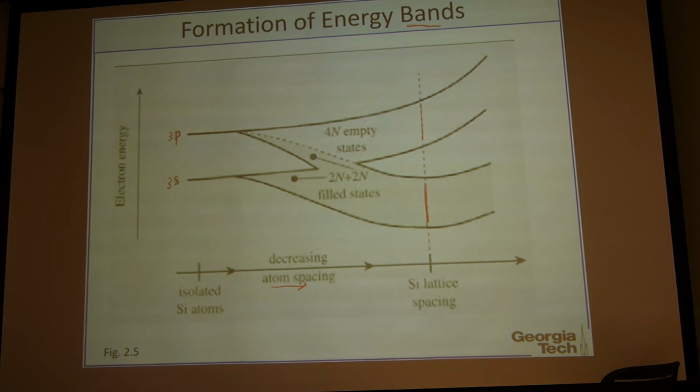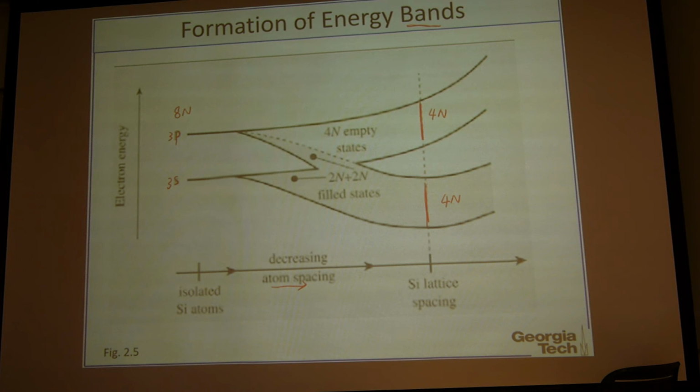This is one band, this is another band. The lower band will have 4n states, and the upper band will have another 4n states. At the beginning you have 8n states in total, so you split that, and you have 4n electrons.